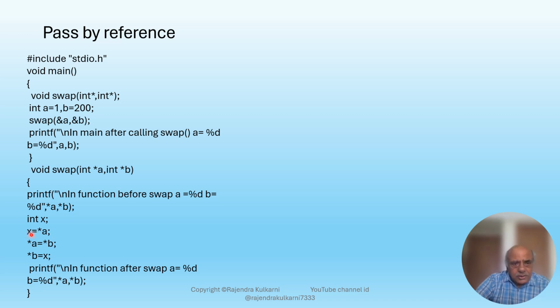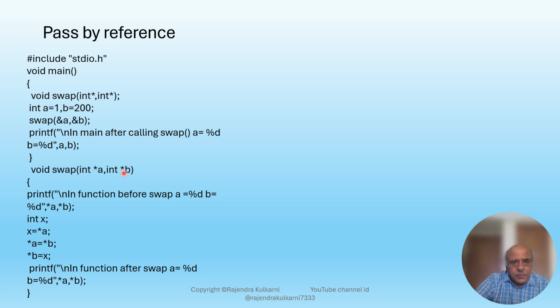So x is assigned the value of a of the calling function. Then a will be assigned the value of b and b will be assigned the value of x through the pointers. x is equal to *a causes the value of the variable whose address is assigned to a to be passed to x.